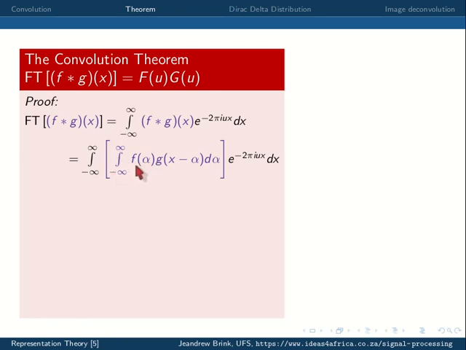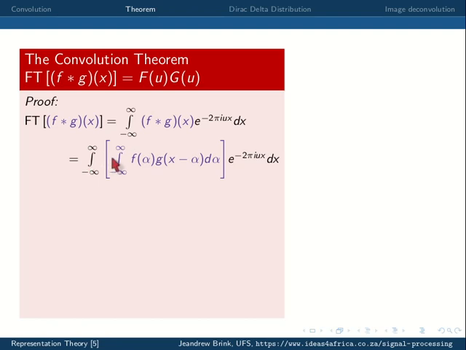You can see we're integrating over d alpha and we're integrating over dx, so there's absolutely nothing that stops us from taking this integral sign all the way out over there. Then we've just got to take that d alpha all the way out over there. We're still integrating over everything. The next thing, if we do that, we can take this f of alpha also on the outside, because nothing inside of here depends explicitly on x. So we can take it out of the integral with respect to x.